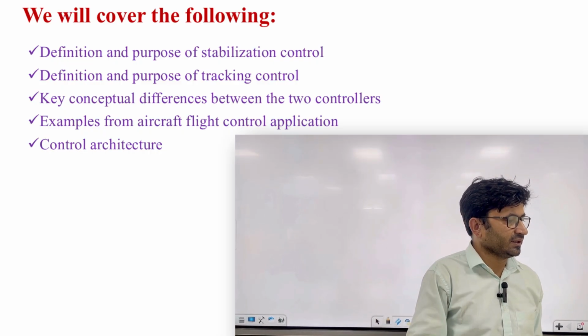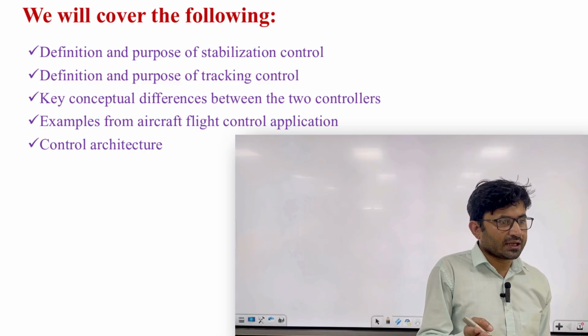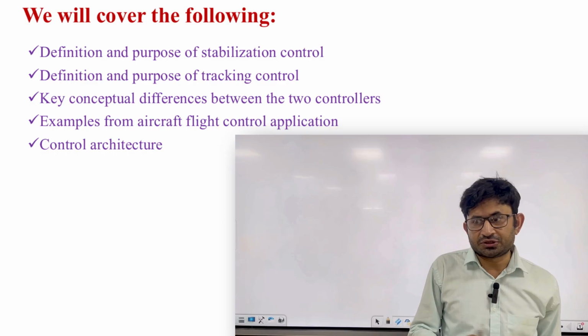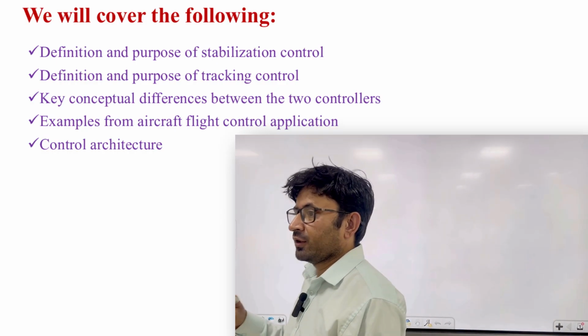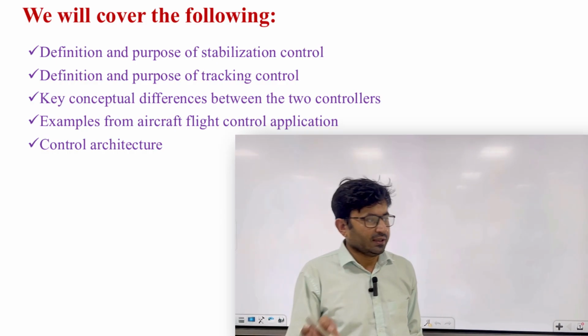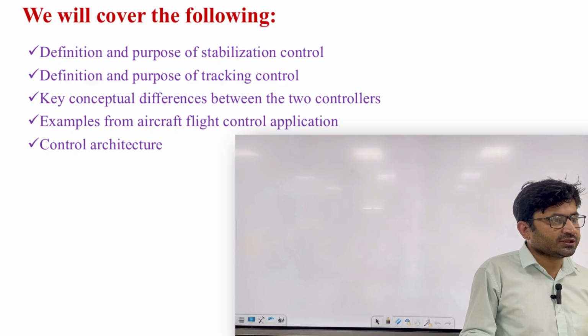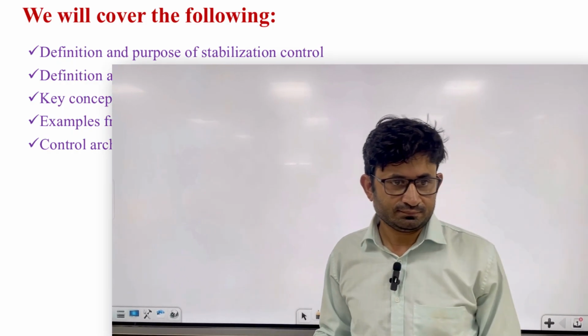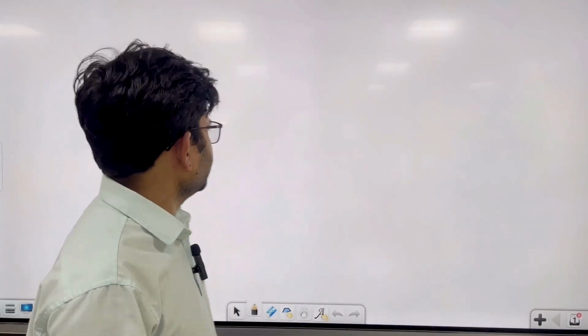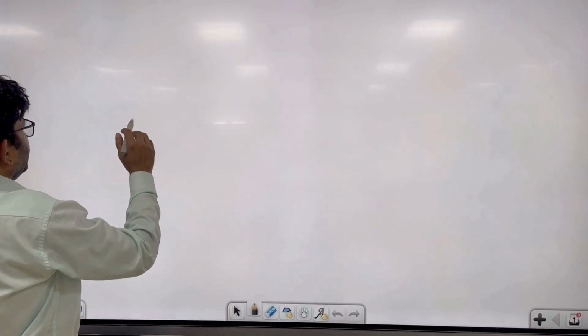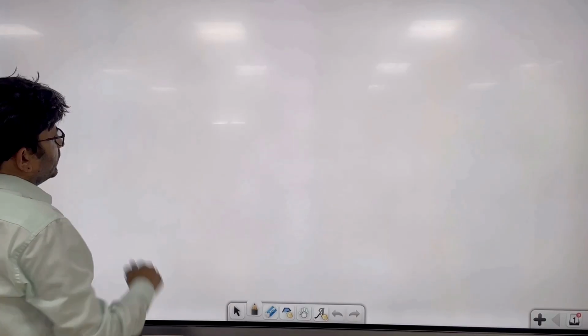You might have heard that I am tracking the angle value, I am tracking the trajectory value, and on the other side, stabilizing the attitude of a satellite. The basic difference lies in the fundamentals.